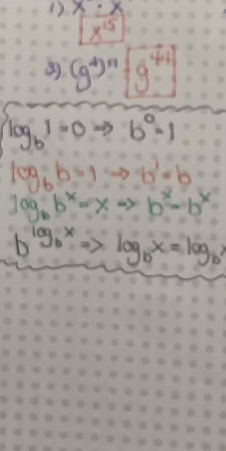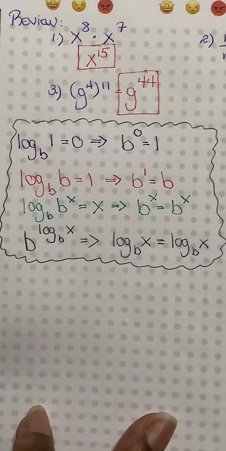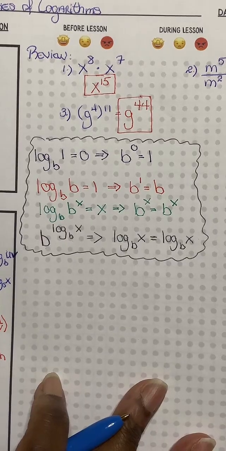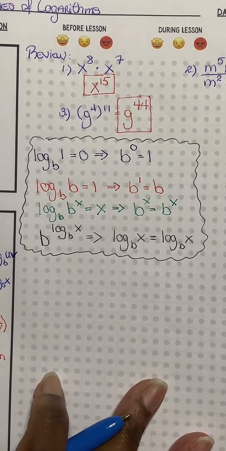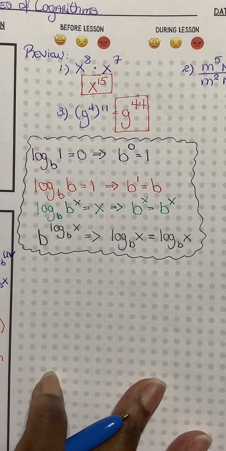So these are the properties. These are those properties that you really need to instill, because a lot of it is basically almost like a little shortcut. So let's look at a couple examples before I get into the main properties of logs.